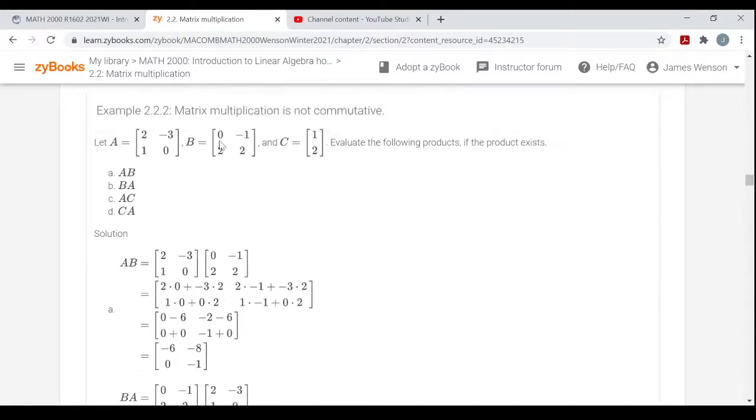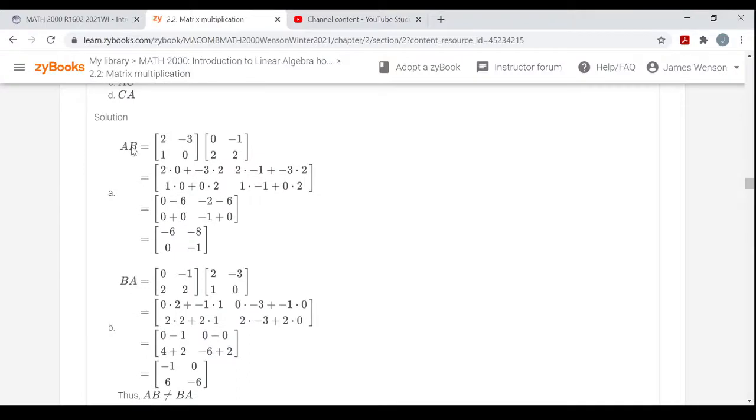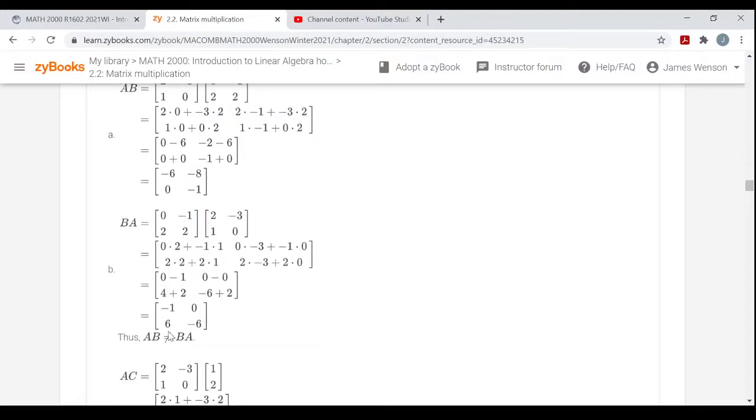If I take these matrices, A times B is this matrix with negative 6, negative 8, 0, 1, 0, negative 1. But B times A is negative 1, 0, 6, negative 6. These are not the same matrix. So A times B is not the same in general as B times A when you're multiplying matrices.